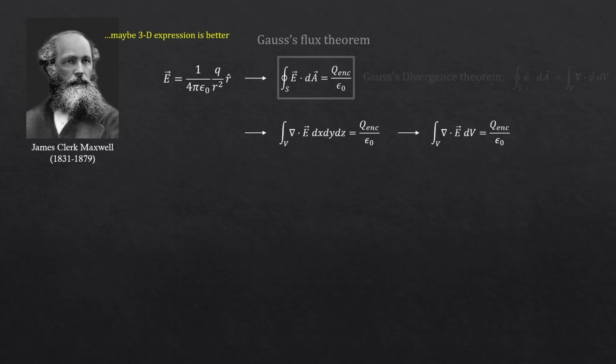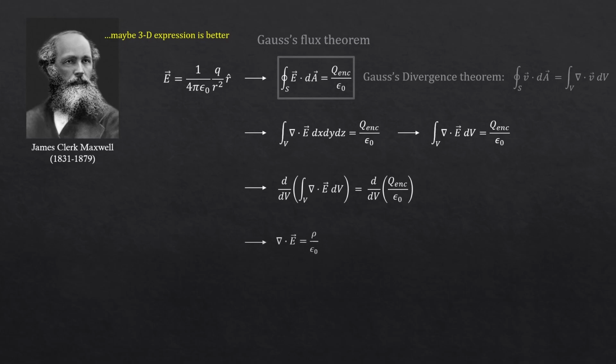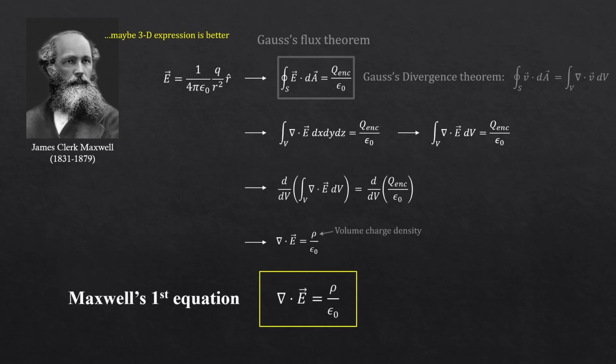By the way, this also happened to be Gauss's divergence theorem. Take d over dV on both sides, and we'll arrive at this expression. Rho is the volume charge density. It looks much nicer. This is Maxwell's first equation.